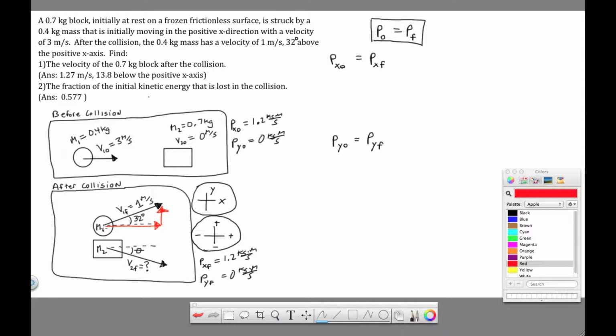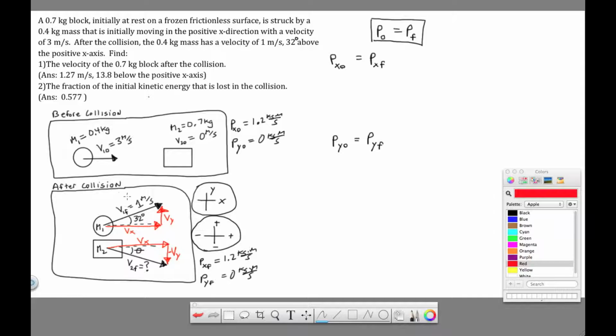All momentum is mass times velocity. After the collision, M1 is going to have y momentum because there's y velocity. So this is velocity y, this is velocity x. Now M2 also has x velocity and y velocity. And this y velocity is going to be negative because it points down.